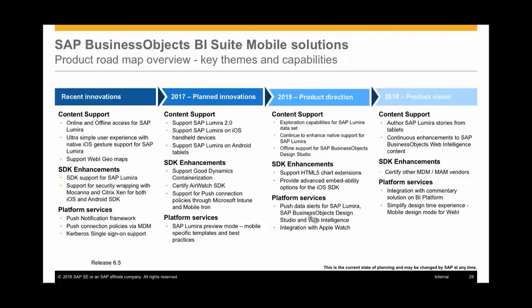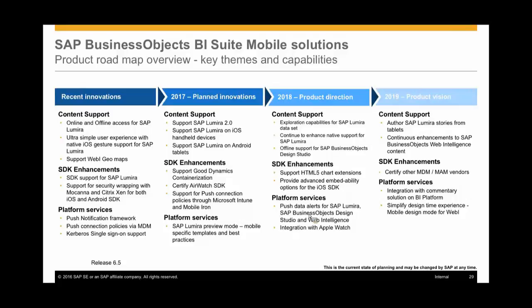You create a story, publish it to the platform, and you can access it on the mobile device. However, you're not creating content or doing true exploration. You of course apply filters, sorting and drilling, but you're not really changing the visualization type or adding dimensions. So we are planning those types of capabilities in our upcoming release.